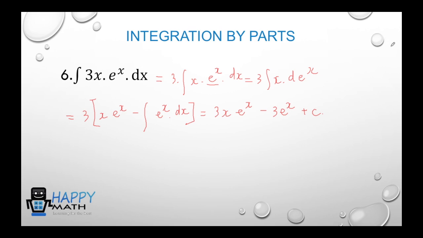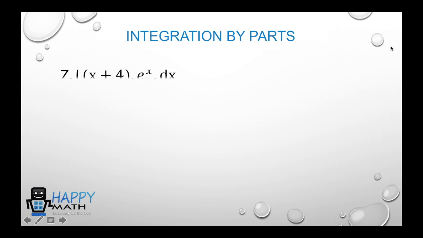Integration by parts. As you have practiced a lot, this is only the 6th example. You should continue with the 7th example. In the same way as example 6, you should move e power to x from outside to inside of the dx, and you shouldn't care about the x power to 4 here.